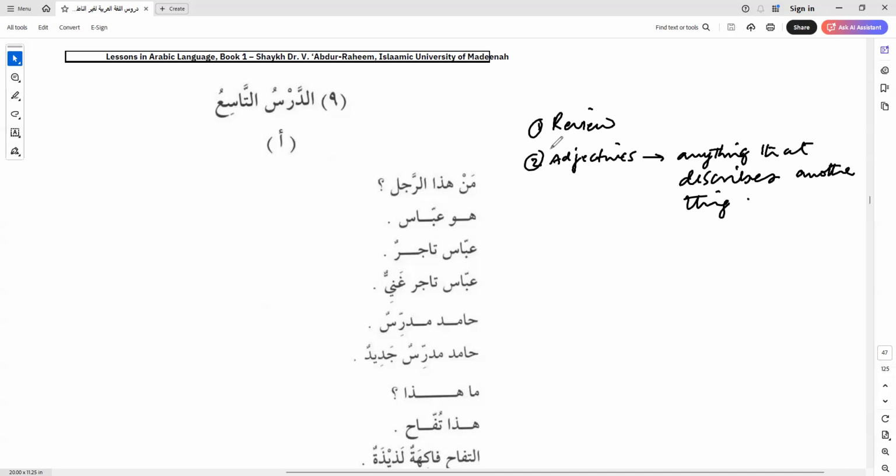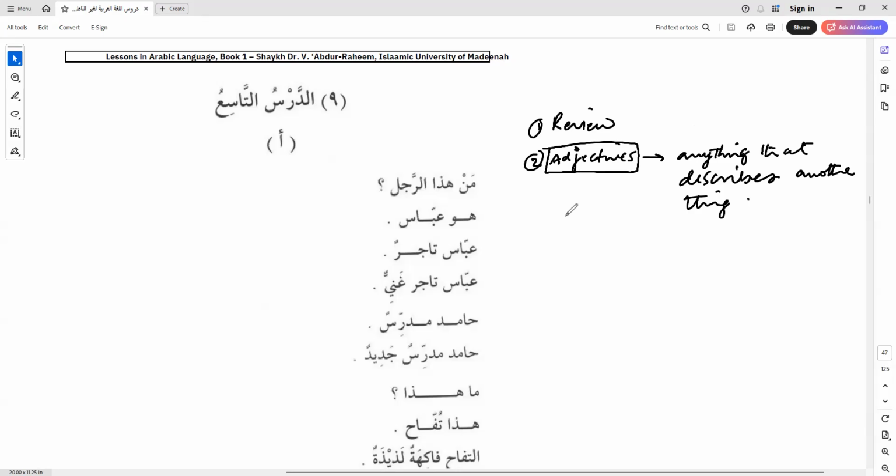Arabic, like any other languages, has adjectives. But the rules of adjectives in Arabic are completely different from the rules used in the English language.